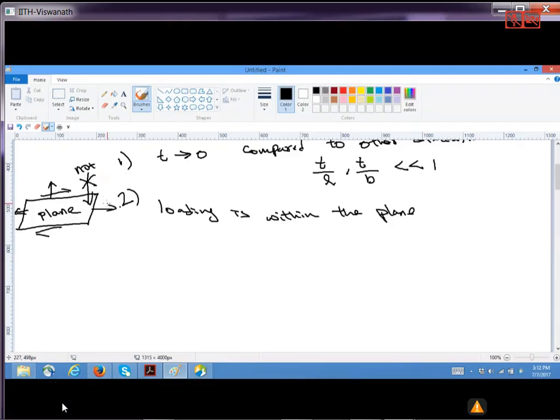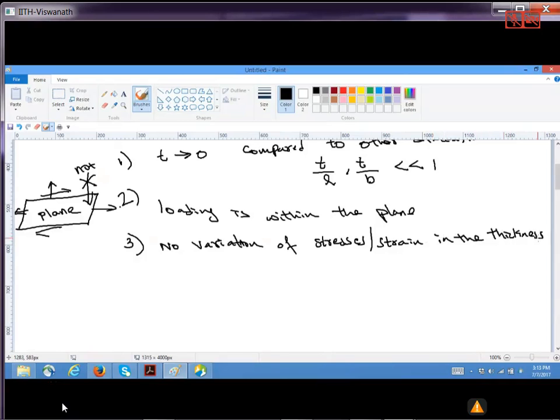Third, no variation of stresses or strains, whatever you want to assume, in the thickness direction.